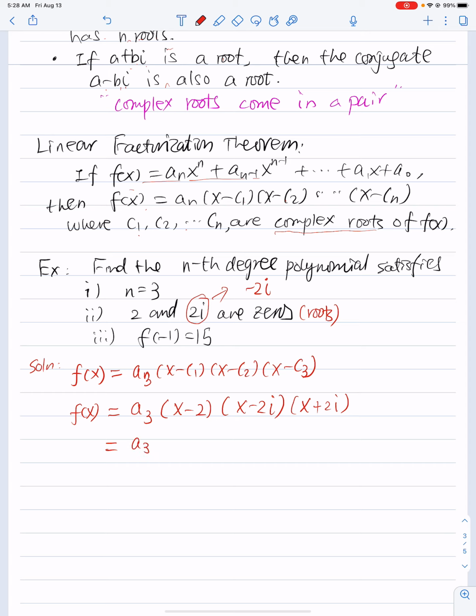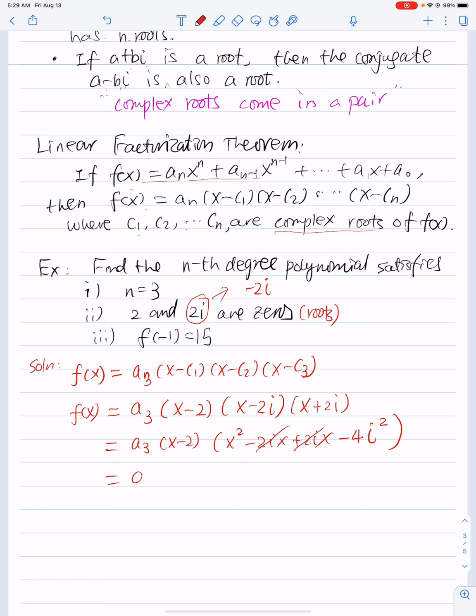It's a_3 (x - 2)(x - 2i)(x + 2i). What do you have? x squared, you FOIL this part here, minus 2ix plus 2ix and minus what? 4i squared. Okay, do not forget.